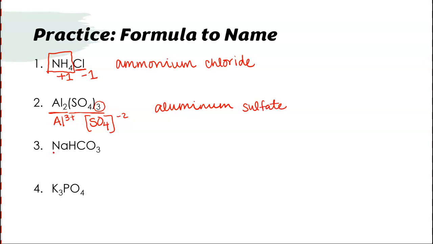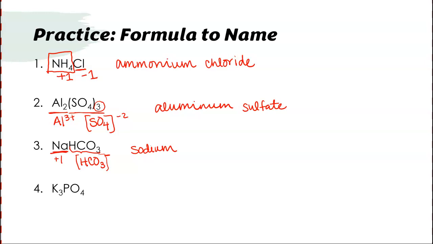We have sodium, which you should be able to recognize, and that's our +1. So that means that this here must be our polyatomic ion. And it has a charge of -1. Now, this one, it has 2 names, and you can use either one.